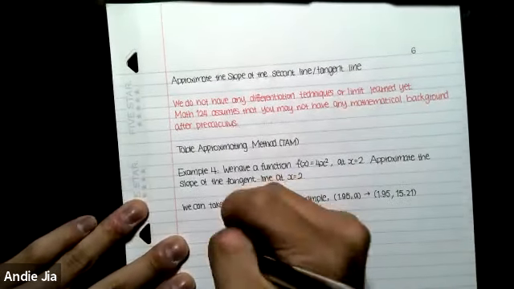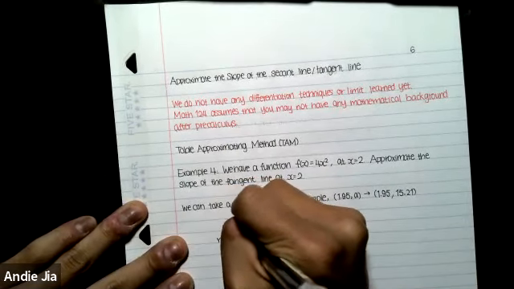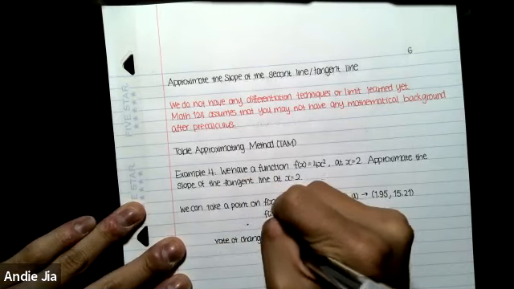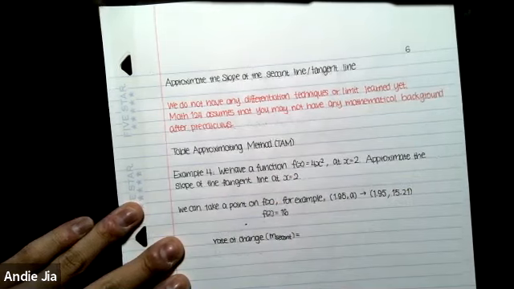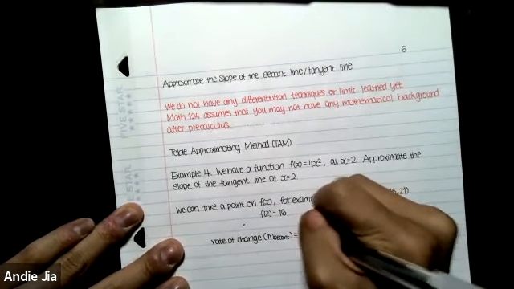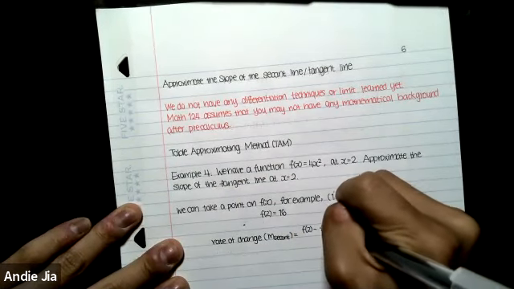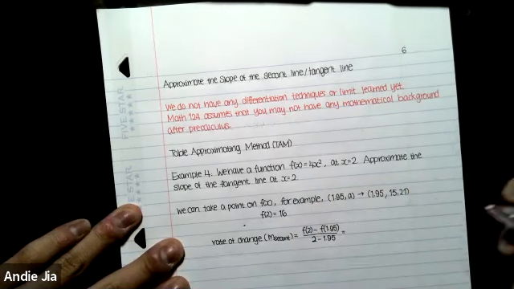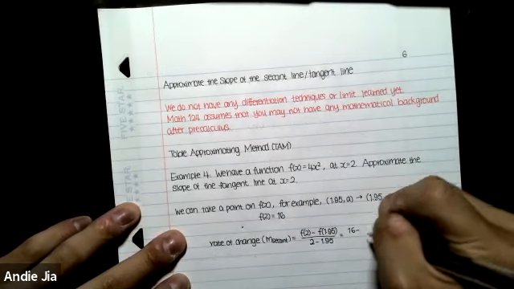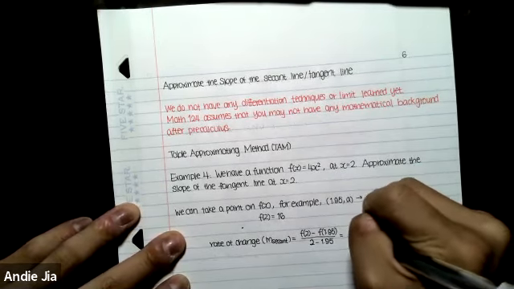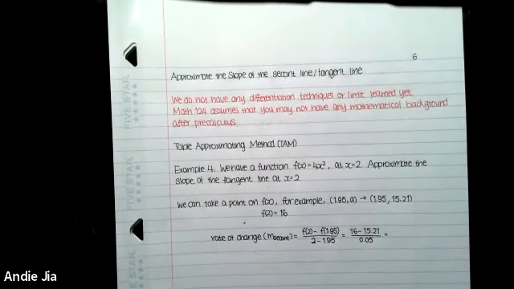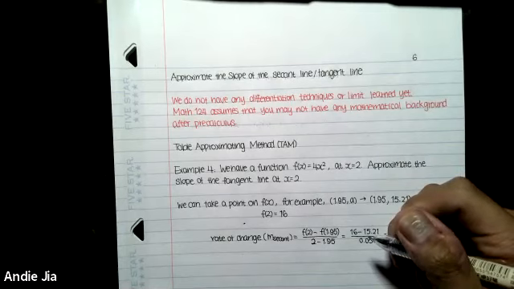We can compute the rate of change, or the slope of the secant line: f of 2 minus f of 1.95 over 2 minus 1.95, which is 16 minus 15.21 over 0.05, and we get 15.8.